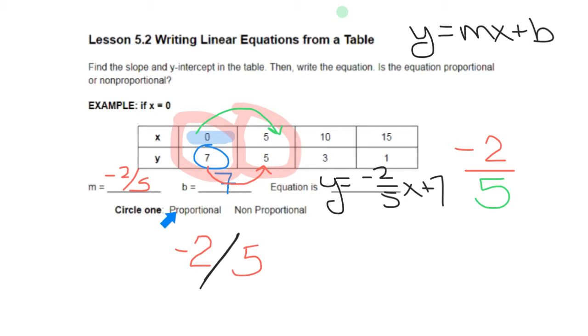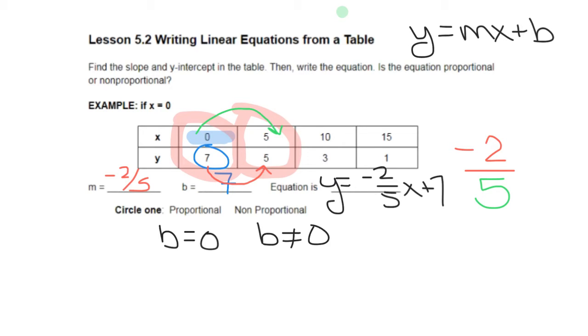Circle one: is this proportional or non-proportional? To know if an equation is proportional, the b has to equal 0. If it's non-proportional, the b does not equal 0. Well, our b value is 7, so this is non-proportional.